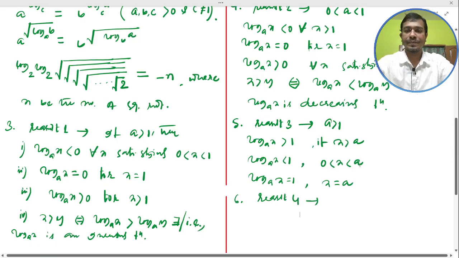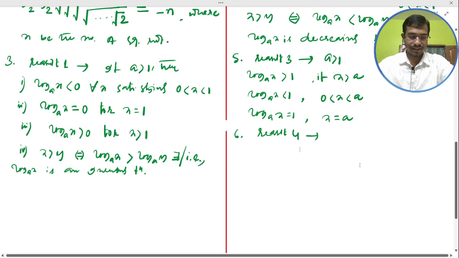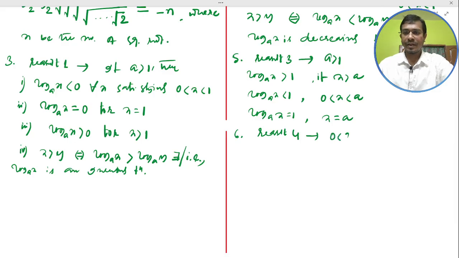Result 4, that is: for 0 less than a less than 1, log x greater than 1 if 0 less than x less than a.